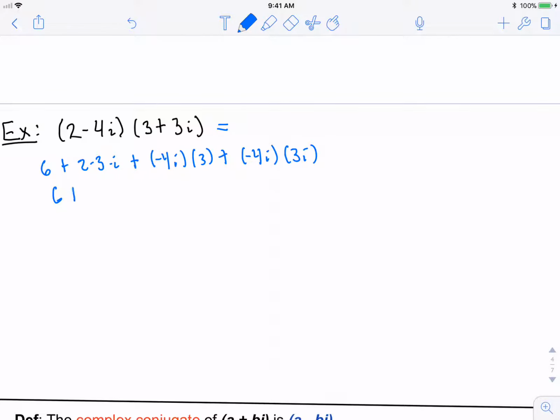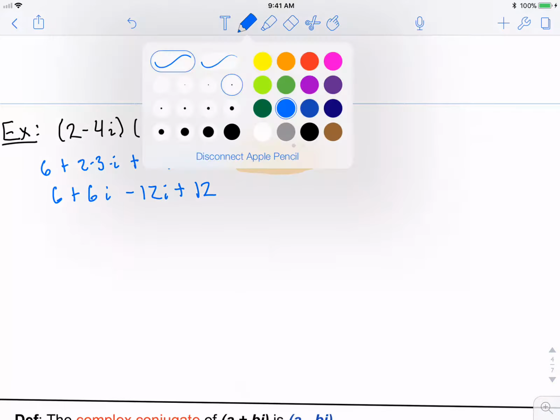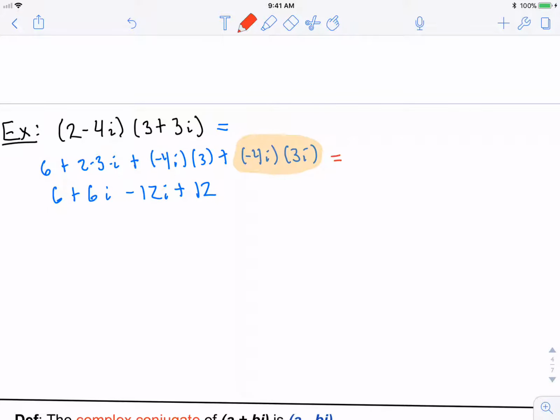So we have 6 plus 6i minus 12i plus 12. Again, it becomes plus 12 because if we actually work this out, we get that this is -12i squared, which is -12 times -1, which is 12.